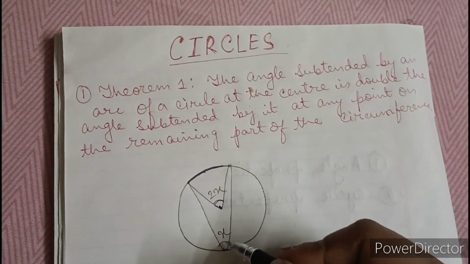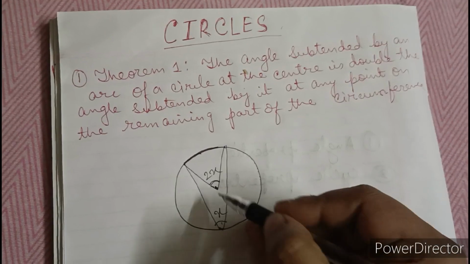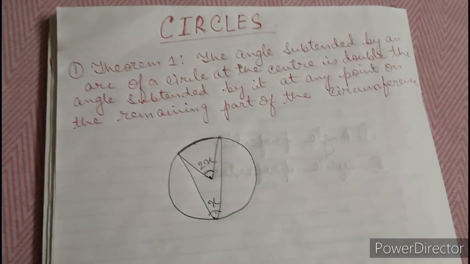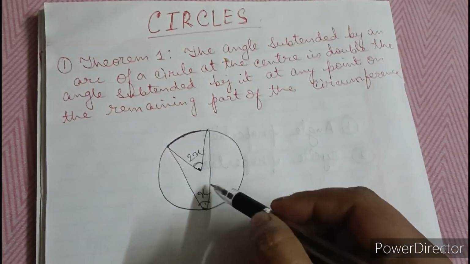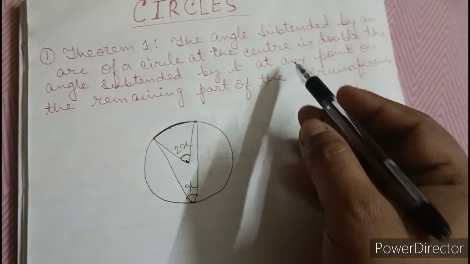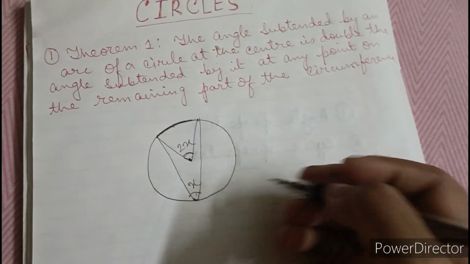That means this angle on the circumference will be 2 times of this. So the first theorem says that the angle subtended by an arc at the center will be double the angle subtended by it at any part of the circumference. Okay.